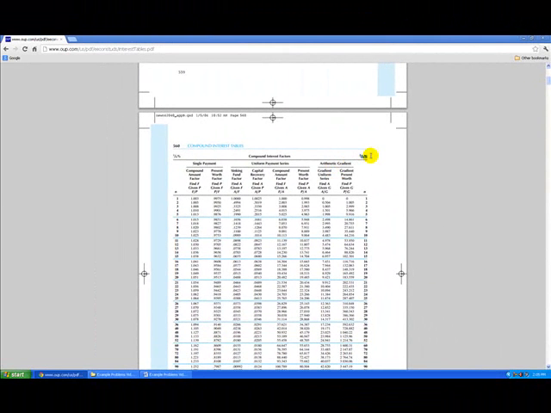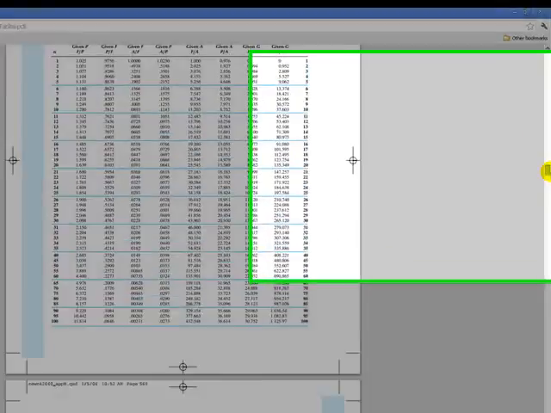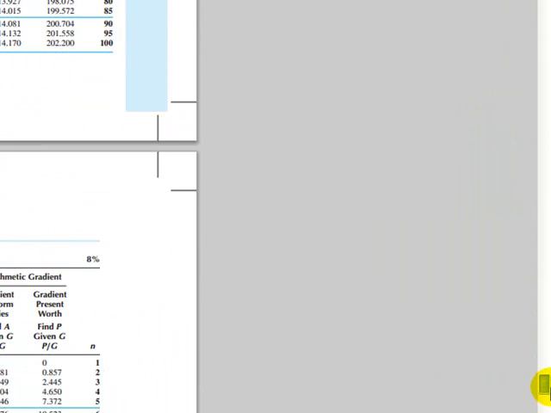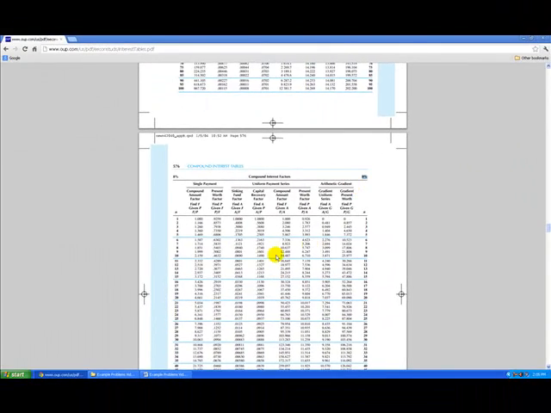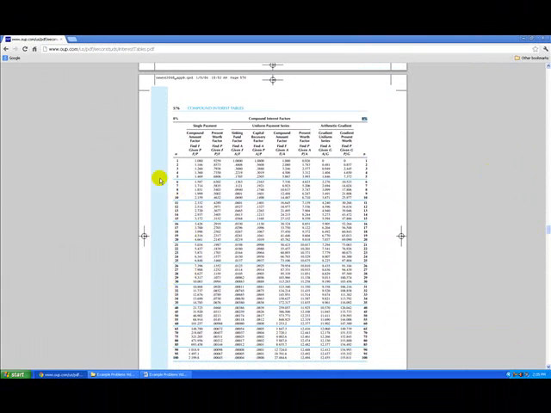So we need to find the table for 8%. This is for 0.25% or 1/4%. If you scroll down, you will see the 8% interest rate. That is right there. So this table is important for us. Now in this table N is given to us, that is 5.